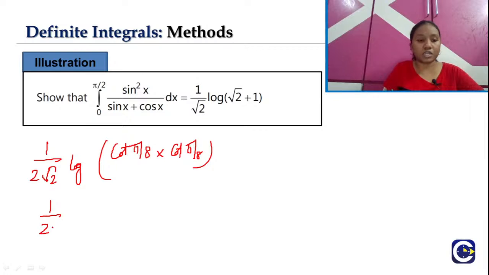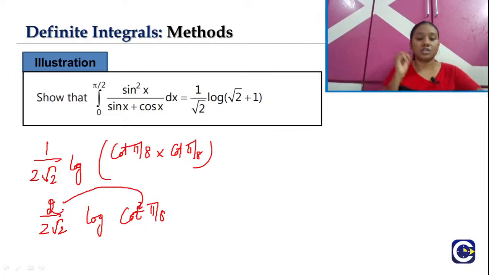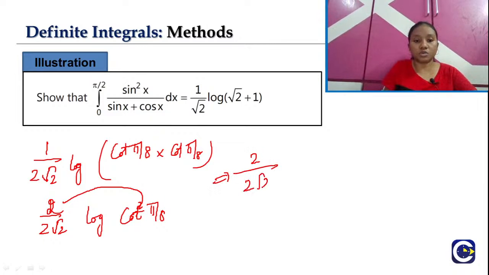That means 1 by 2 root 2 log cot square pi by 8, and this square can be brought to the front because it's a logarithm. So this will be 2 by 2 root 2 log cot pi by 8.